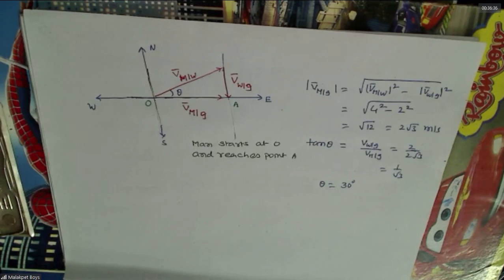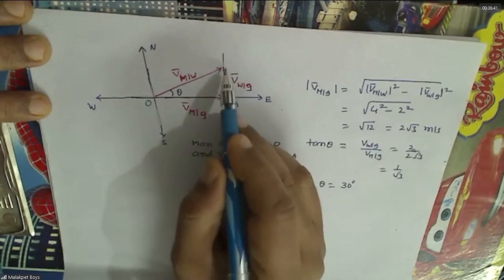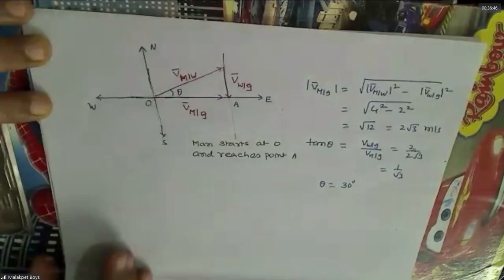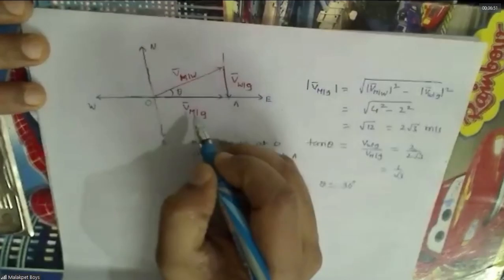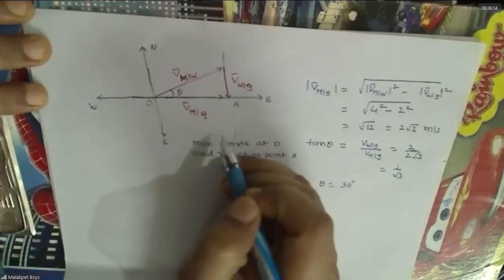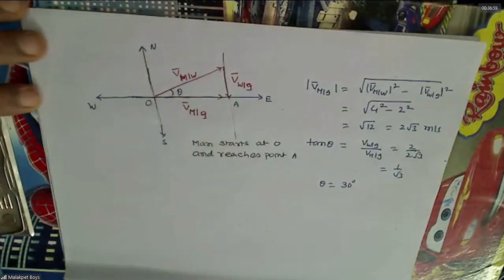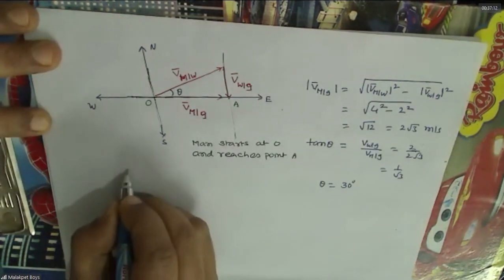No. These are fixed, we cannot change. What he says is previous problem values you should take. He says that river is flowing like that. That fellow should start here and reach this. Then what is the velocity of man with respect to water is asked. Understood this? And time taken to cross the river.